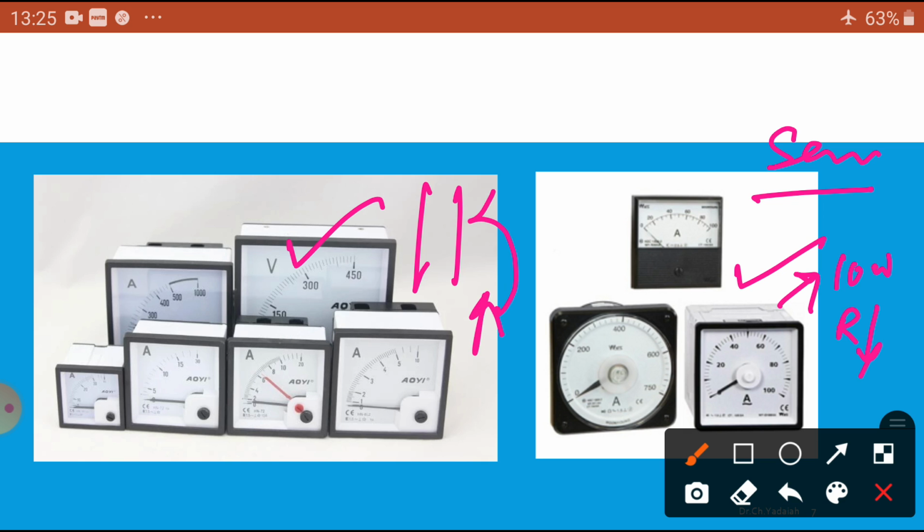Hence the voltmeter is connected in parallel across the two terminals, while the ammeter, having low resistance, is connected in series with the load to measure the current.